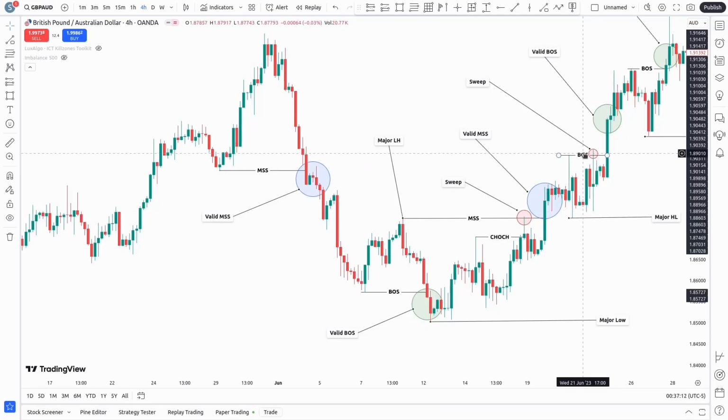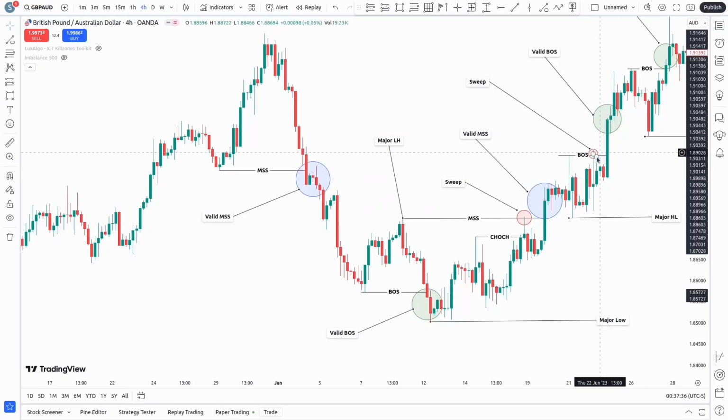So before price broke this level, we have a sweep. Initially, this level was our key level that the price needs to break before we consider it as a market structure shift. But instead, price went to sweep this level, retraces back.